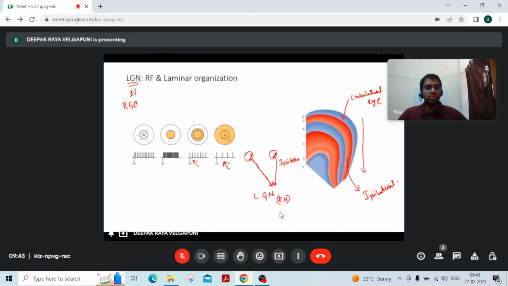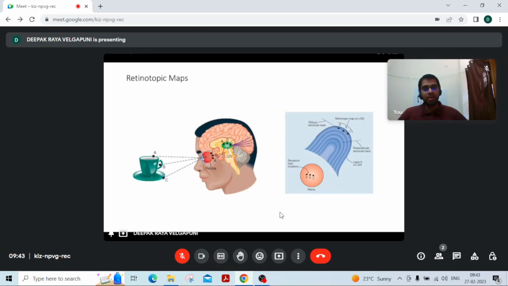Now let's go to another concept called retinotopic maps. Inputs from the real world go into your brain, and certain points in the actual real world have correspondence to a place in your brain.